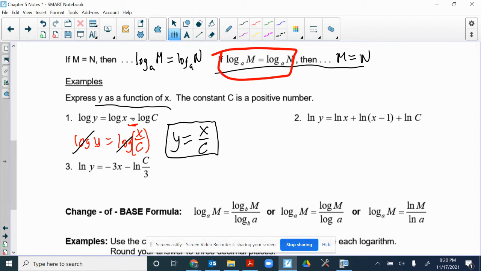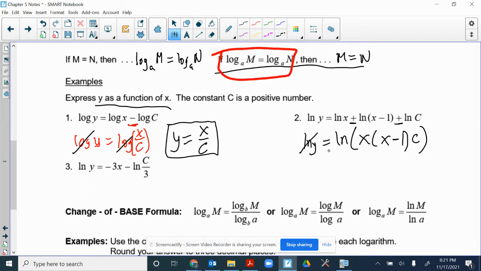Okay, but the key with this one is you had to get one log on the left and one log on the right. All right, similar idea with number 2 here. We're now dealing with the natural log, but it's no different. It's still a log. So the left side is fine, right? We have one log. The right side, though, we have 3 logs, but they are being added together. So if you recall, that really means we can multiply all 3 things together.